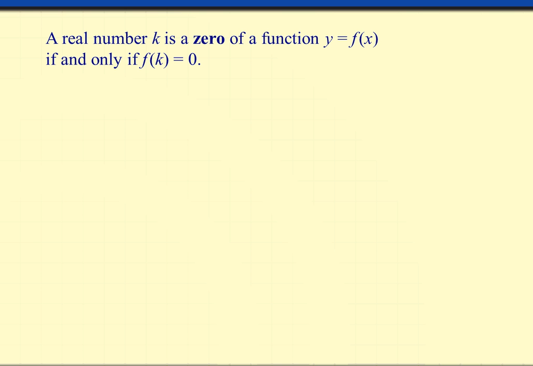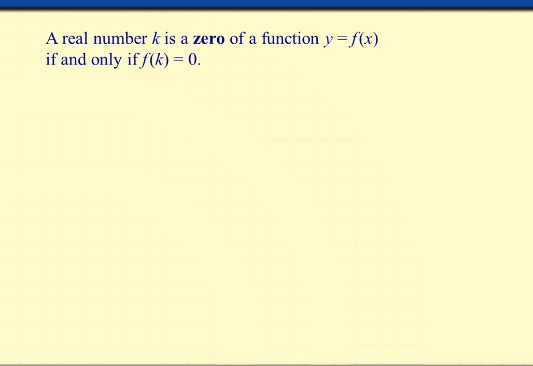Actually, I think in our book we talk about, rather than calling these numbers by the letter K, we call them by the letter R. But a real number, K, some constant, is called a zero of a function, y equals f of x, if and only if we put that value of x, K represents an x value, into the function and we get a 0 out.